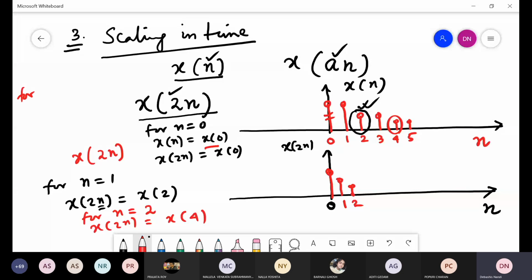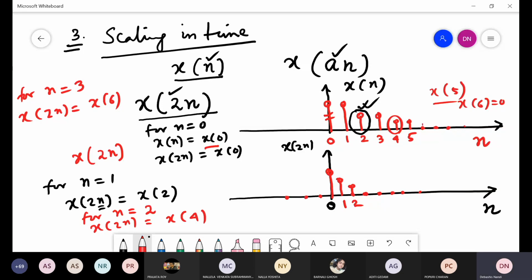And for n equal to 3, x[2n] is x[6]. There is no value x[6] because the signal extends only up to x[5], so we can say it is 0, because I am considering the other values as 0. So the next values will be 0 and it continues like this.